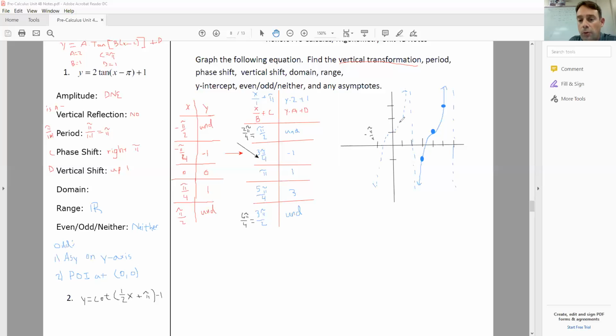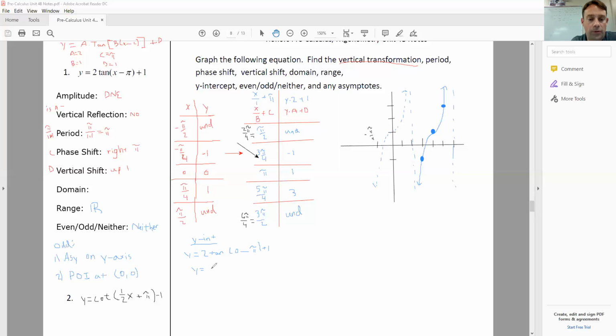I can see when I graph that I'm going to have a y-intercept at 1, but let's just prove that to make sure. So the y-intercept is when x is 0, so 2 times the tangent of 0 minus pi, plus 1.